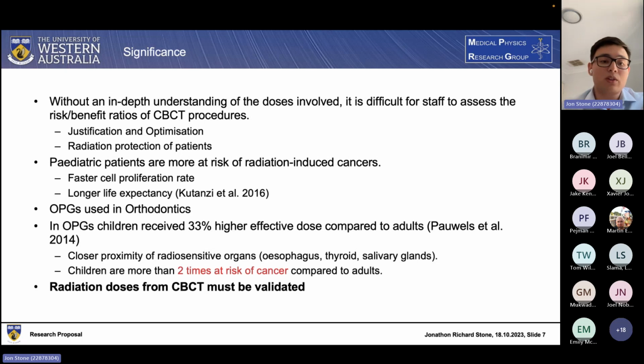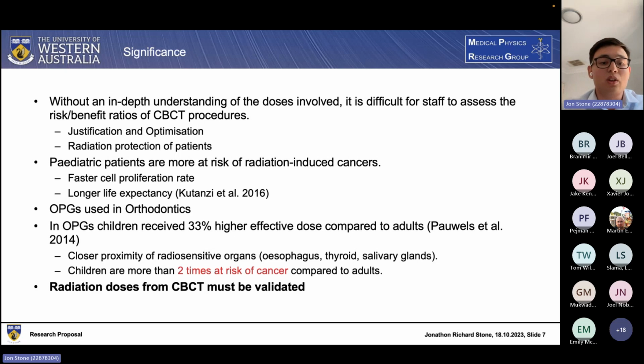Orthodontics is a field which uses OPGs quite often, which, as mentioned before, is an application of cone beam CT. And because there are going to be lots of children seeing an orthodontist, children will receive on average a 33% higher effective dose compared to adults, by a study conducted by Pauwels in 2014.